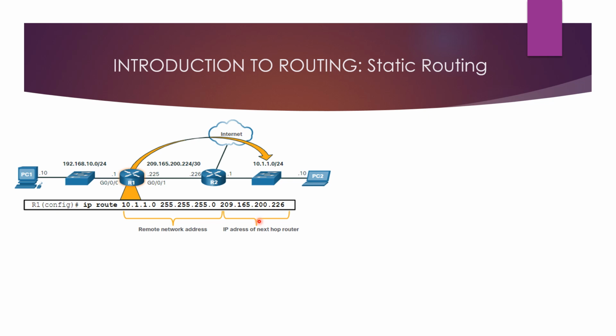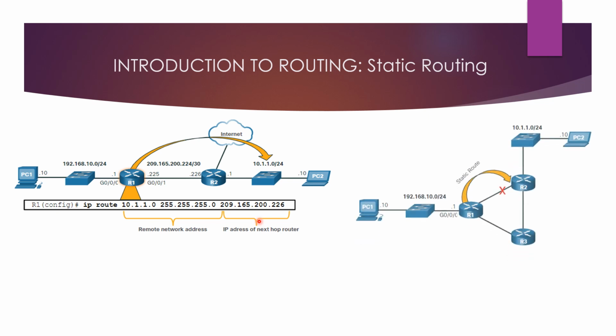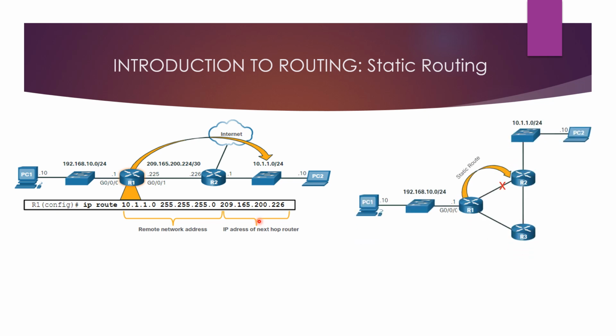If the path changes, router 1 will require a new static route. If there is any change in the network topology, the static route is not automatically updated and must be manually reconfigured. For example, router 1 has a static route to reach the destination 10.1.1.0/24 via router 2.